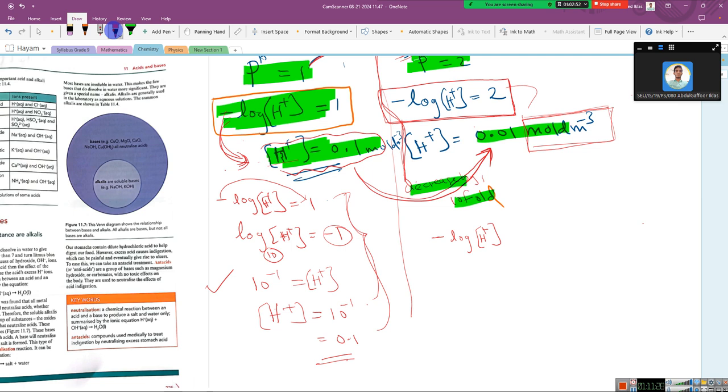The device is breaking. Can you see it? Keep your calculator aside. We don't need a calculator for this calculation. We can do it manually. So I'm asking for 10 to the power minus 1 equals H plus, right?